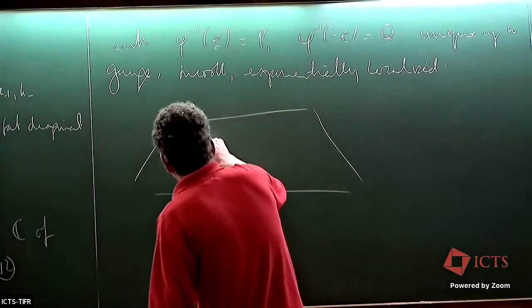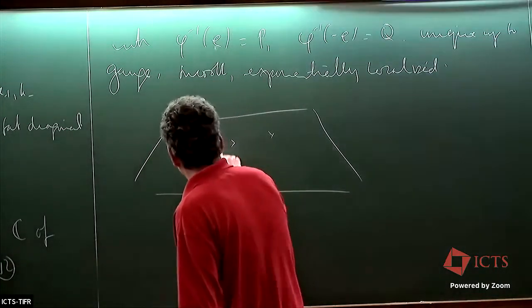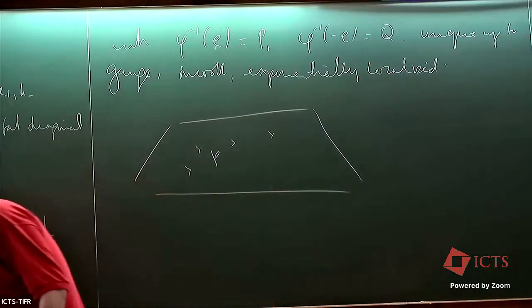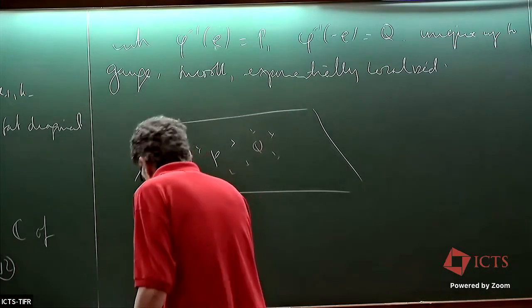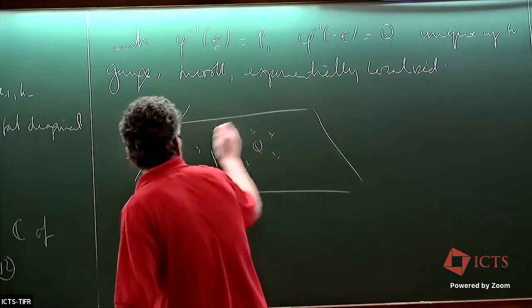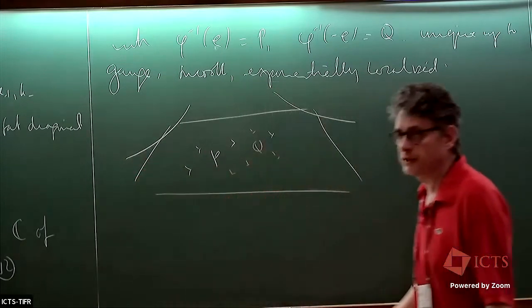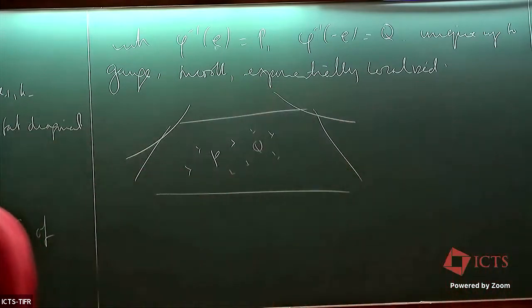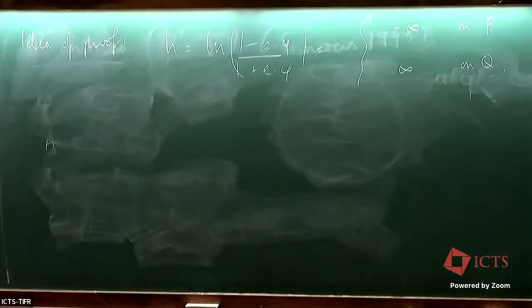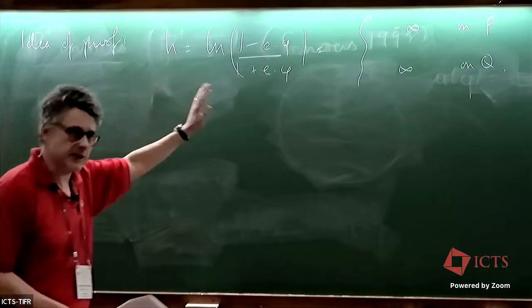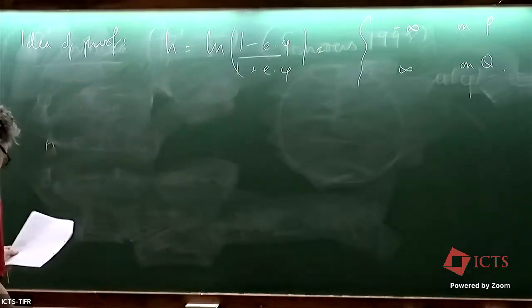Okay, so you've got one divisor P, you've got another divisor Q. Okay, and it's just saying that the solution decays exponentially fast as you go up to infinity. Okay. So we define this function H in this way. It's basically just the log of the modulus of a stereographic coordinate of the two-sphere. It's not mysterious why you define it that way.